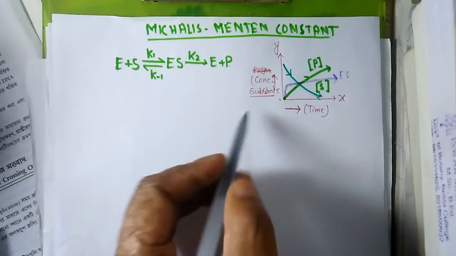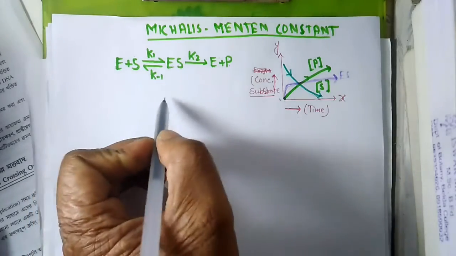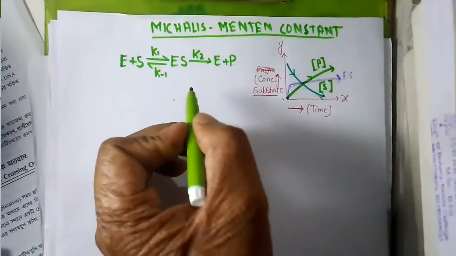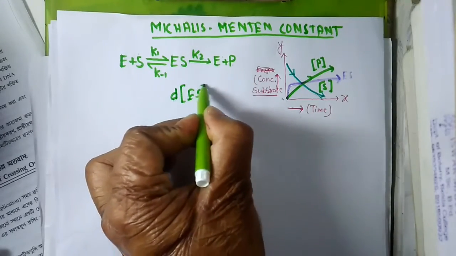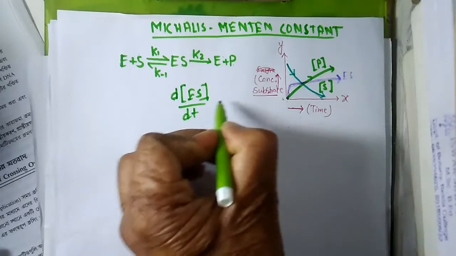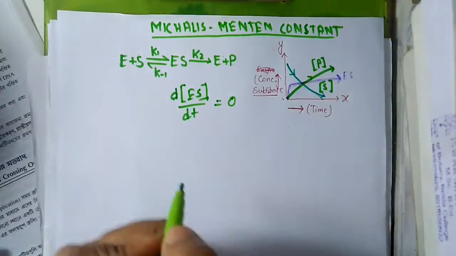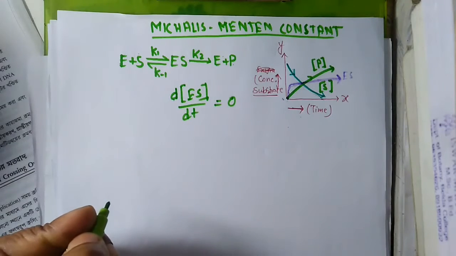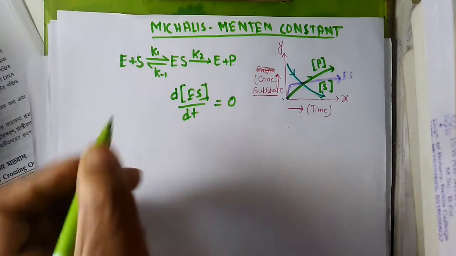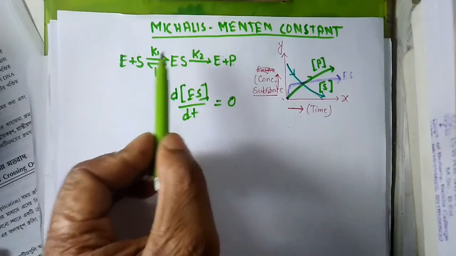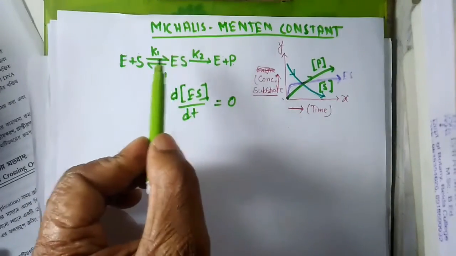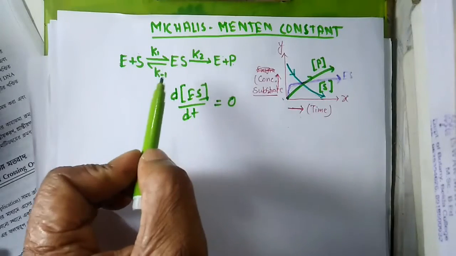So from the graph, d[ES]/dt, the change of the enzyme-substrate complex, is equal to 0, because the formation of ES from enzyme plus substrate and the breakdown of ES are always proceeding forwardly and backwardly with the constants K1 and K minus 1.